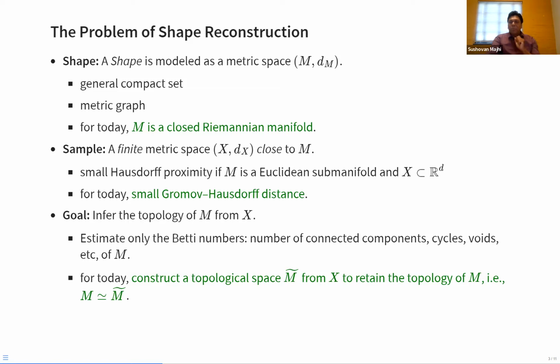We'll talk about Vietoris complexes, but the idea is to construct such a space that has the same homotopy type as M. So you retain not only the topological features, the homology, the homotopy, and so on, but also homotopy equivalence. All right. So that's our agenda for today. Let's move on.